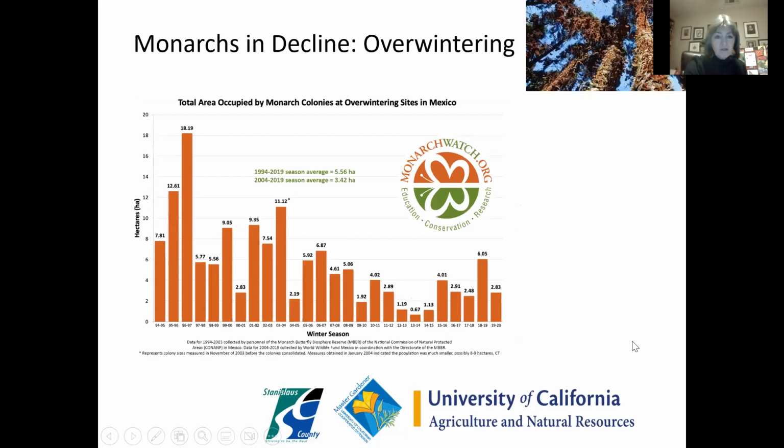Here's another chart of the overwintering. The bars we see are about land area. How much land area are they taking up? For example, in a forest, is there a small group of trees that they're in, or is it a larger one? So you can see it's varied over the years. This is from 1994 all the way to 2020, I believe.